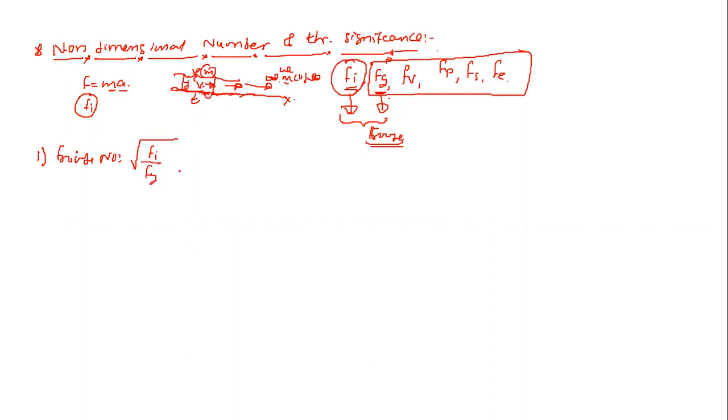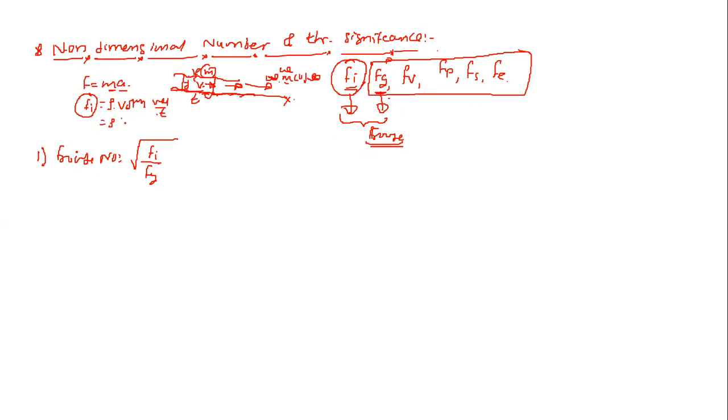Now the inertia force, if you want to go for, so inertia force Fi is nothing but the mass into acceleration, which I have written over here. So mass is the density into the volume, okay, and acceleration is nothing but the velocity per unit time. So volume per unit time is nothing but the discharge.